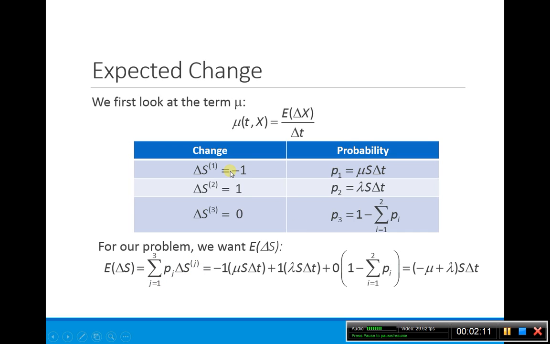The change here is -1, and the probability of that is mu S delta t. Here the change is 1, and the probability is lambda S delta t. Then we have a change of 0, with its probability. If we combine these, we get lambda minus mu times s delta t. Once we have that, it's easy to calculate mu. Mu is just this value divided by delta t, or lambda minus mu times s.